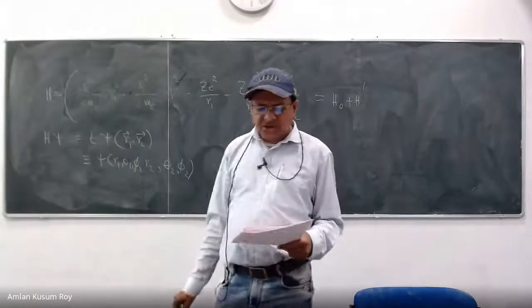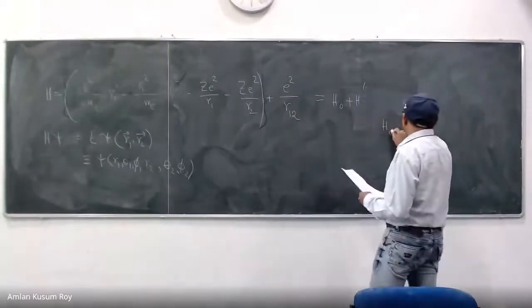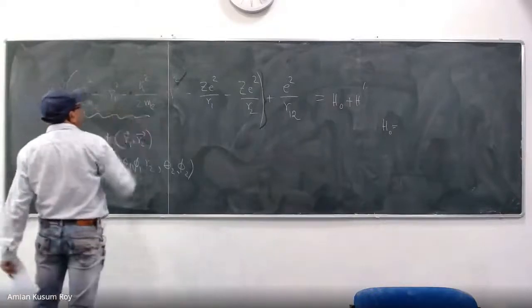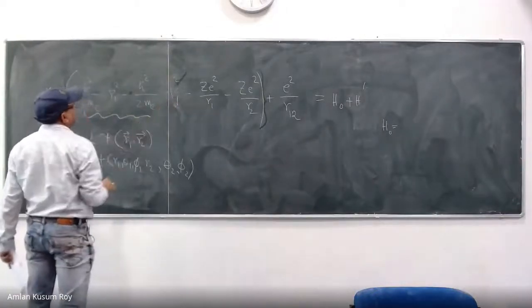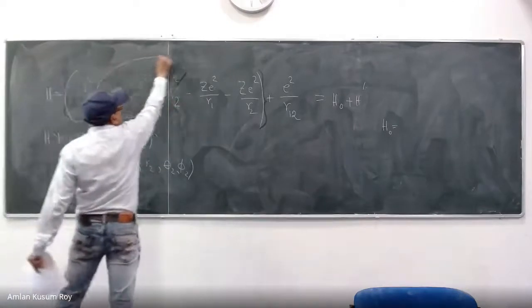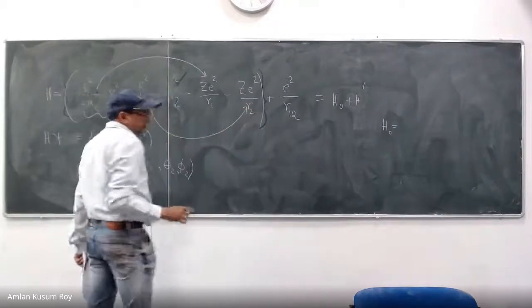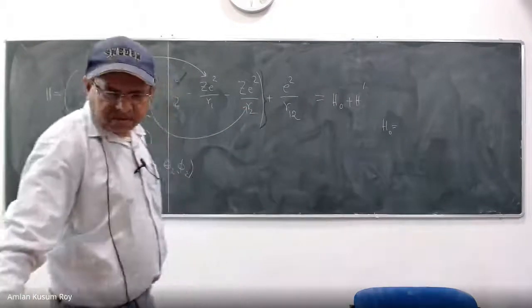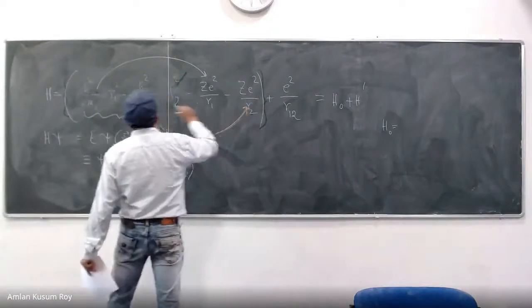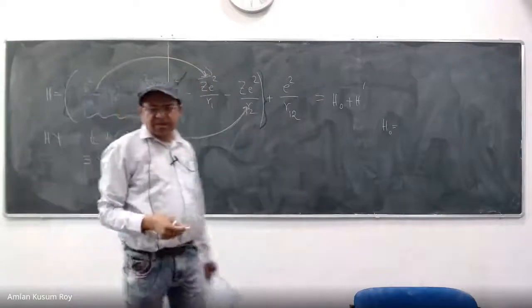What is the meaning of H0? Now let us look at H0. This portion is a Hamiltonian; there should be a delta 2 square, sorry. This guy and this guy, let us show in some other color. Why do I do that?